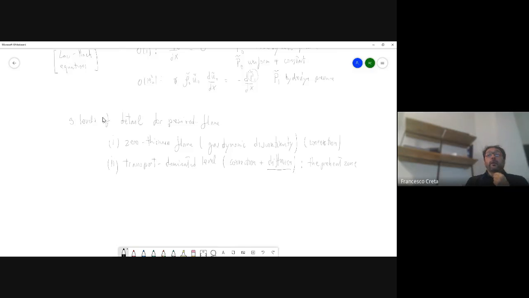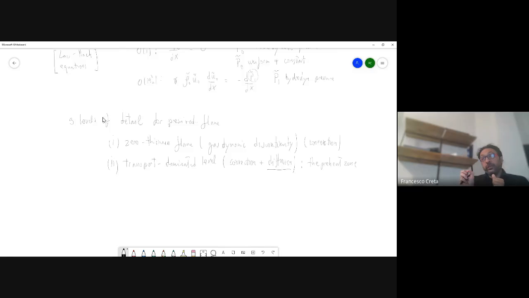What about the reaction part? Intuitively, there is going to be another zone of this flame that will involve chemical reactions. Well, in this intermediate level, we only reveal the larger structure, which is typically the structure that has to do with thermal diffusion and mass diffusion, the preheat zone.